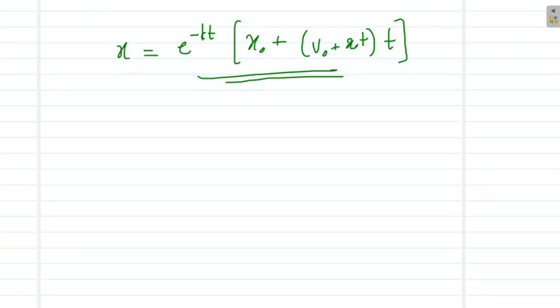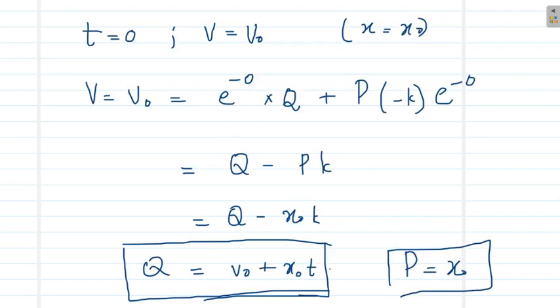So as you can see here, we have two separate functions. The first function is e raised to minus kt, which is an exponentially decreasing function, and the second function is x0 plus, sorry, I made a small mistake here. Q is not v0 plus x0 into t, q is v0 plus x0 into k, right? From here, v0 equal to q minus x0 into k.